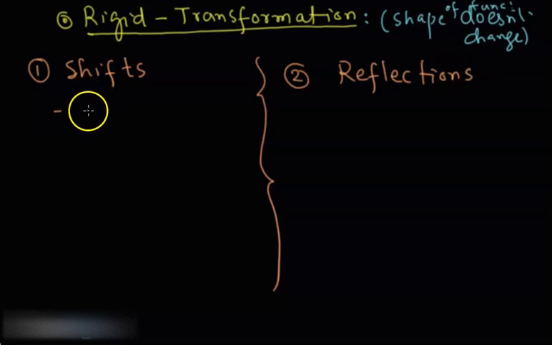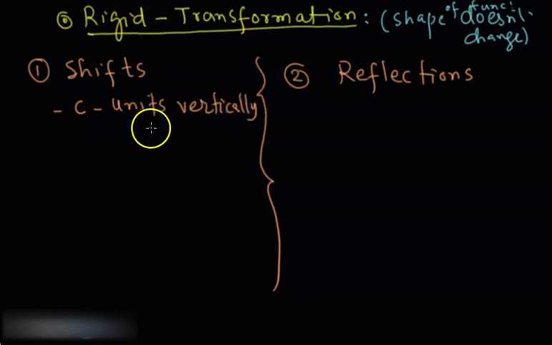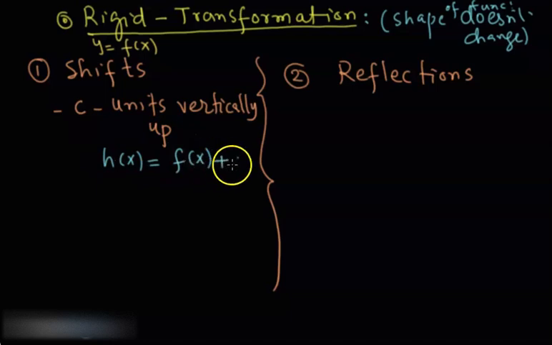Shifts: you can shift the graph of a function c units vertically up. When will this happen? If you are given a function y equal to f of x, then a new function which I achieve by adding c to this function, h of x equal to f of x plus c, means we are adding a positive constant c to f of x, then we will be shifting this function c units upward.